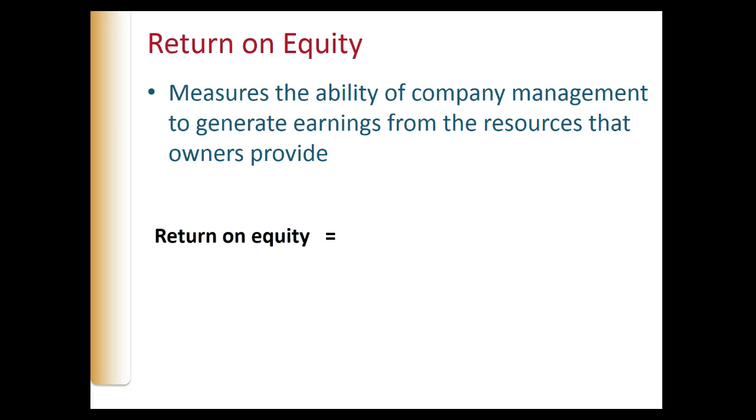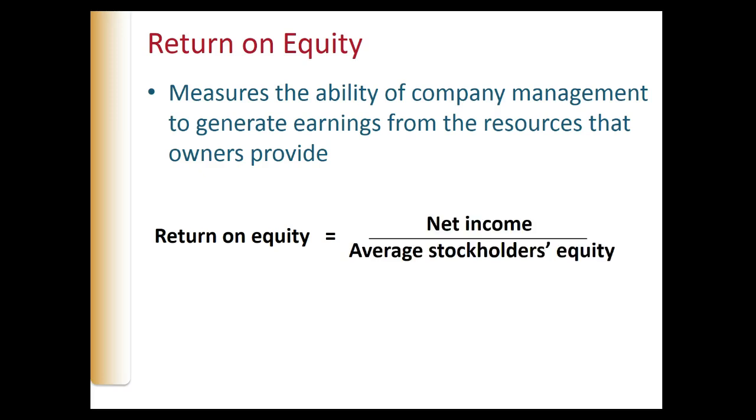A useful summary measure of earnings that considers the relative size of the business is called the return on equity. Now, the return on equity, or ROE, measures the ability of company management to generate earnings from the resources that owners provide. We compute the ratio by dividing net income by average stockholders' equity.